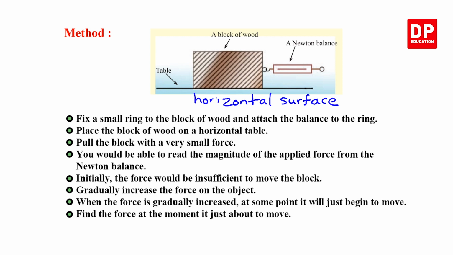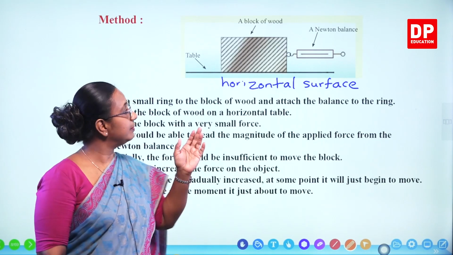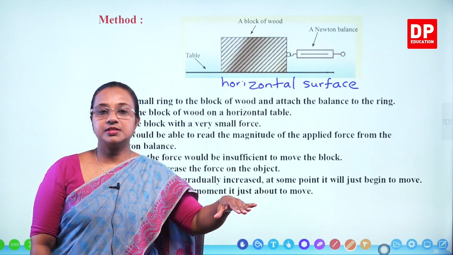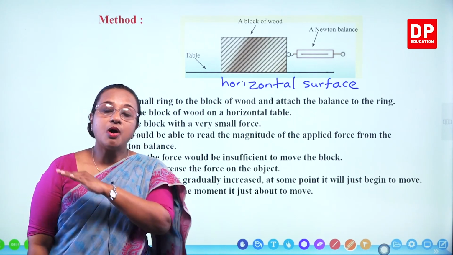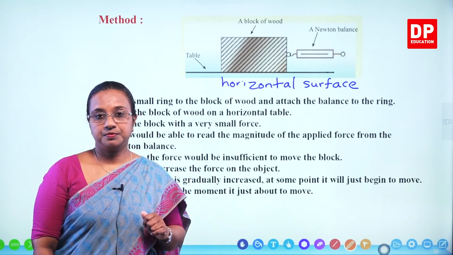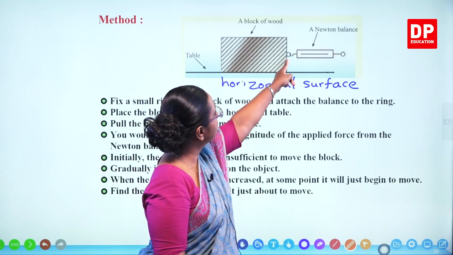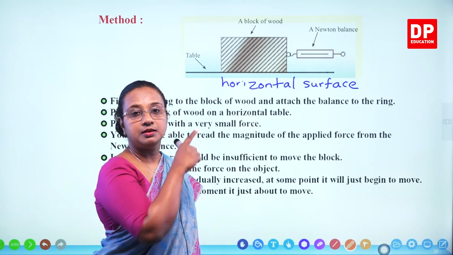If it was a slope, then the slope can change the way the block moves. So if it is a horizontal surface, then the movement will not depend on the slope because it's going to be a flat surface. The Newton balance is attached to the hook that is fixed to the block.